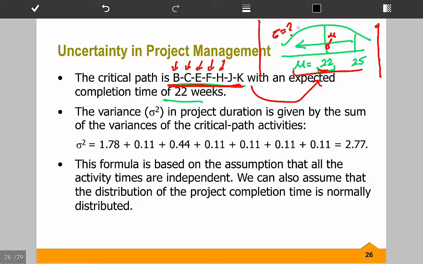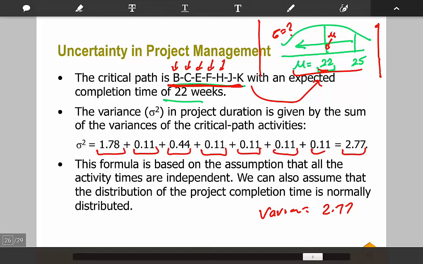You have the variance of the project completion time, which is 2.77. After that, it's a pretty simple process. You can take the square root of variance, and you get 1.66 as your standard deviation.